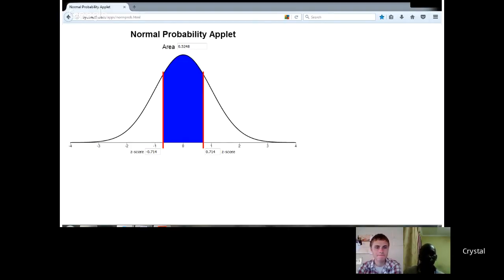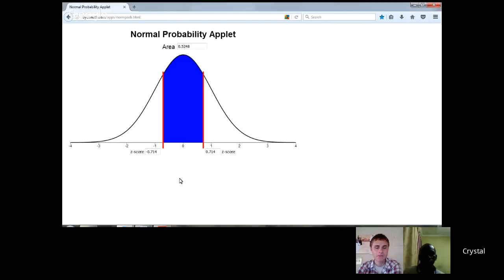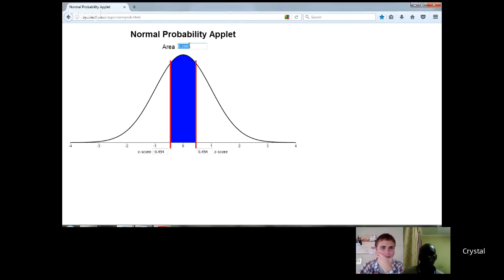So finding the 35th percentile is just putting it in up here as 0.35 on the area. And what was the question for it? Find the 35th percentile requirements for adults.